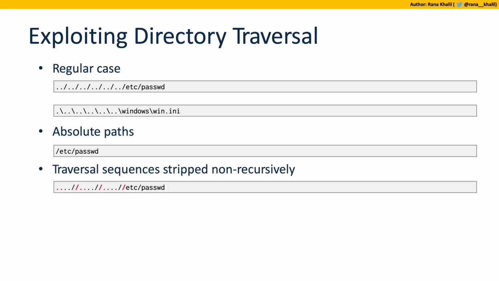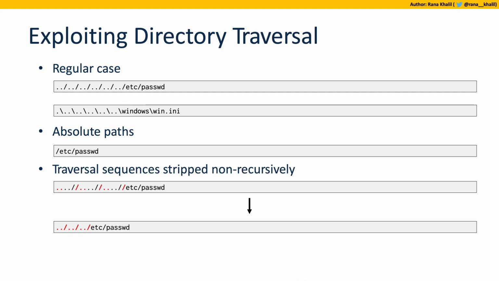If that doesn't work, then you could enter the following payload. This will only work if they're non-recursively stripping out the traversal sequence. So over here, we've added some characters in red. And what will happen is if the application is non-recursively stripping out the traversal sequence, it'll remove all the characters that are in black.